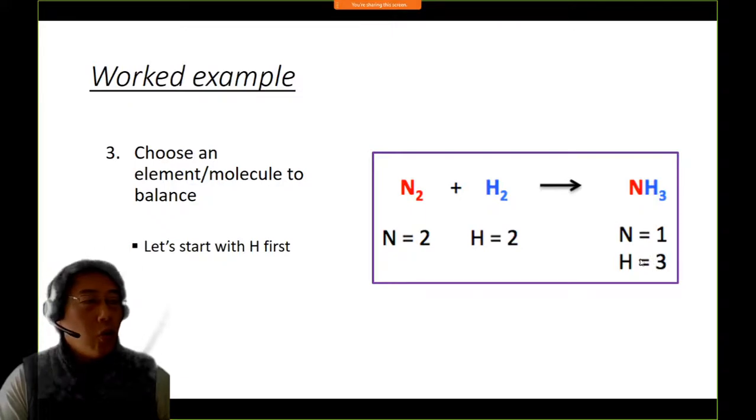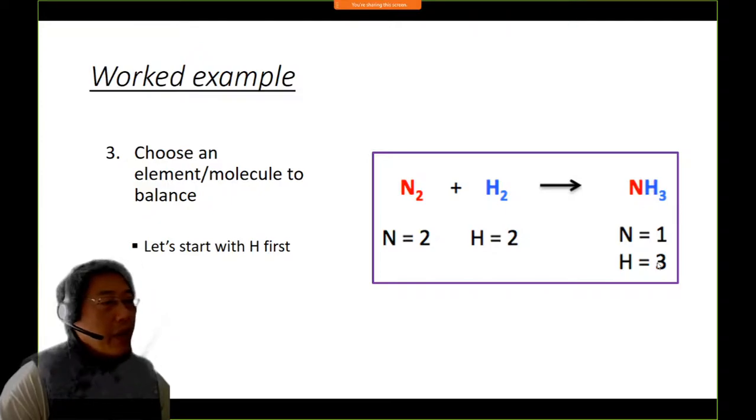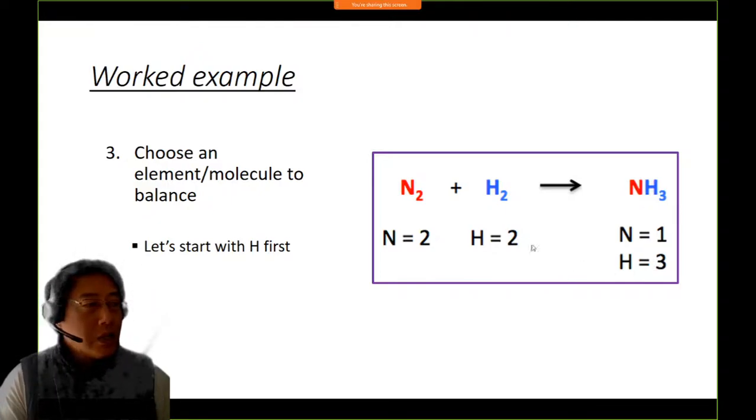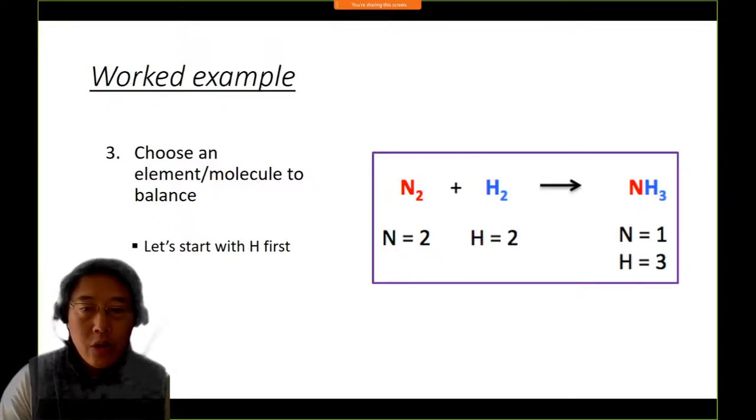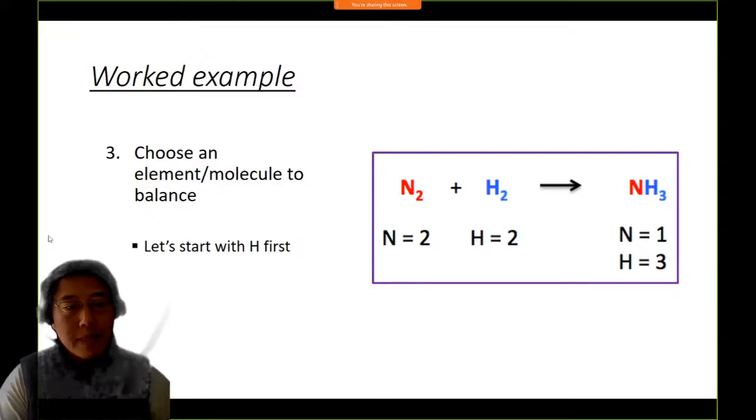Okay, what you need to do is, if I put a 2 in front of H, how many H would I end up with? It is 4, but that wouldn't match the 3. So when you have H of 2 and 3, do remember how to do your lowest common multiple. So what is the lowest common multiple between 2 and 3?